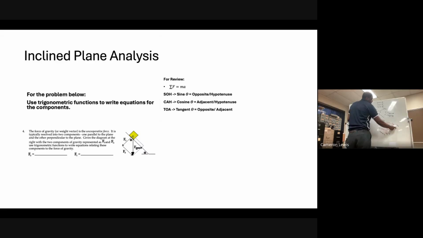Hold on. Parallel is opposite. This makes sense. All I'm going to do is switch this. Still the same thing. Now this is opposite. Carrie says it's still this one.